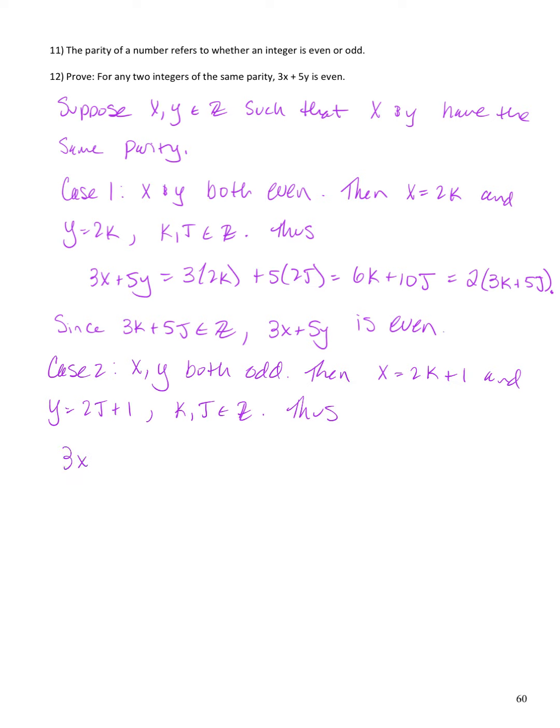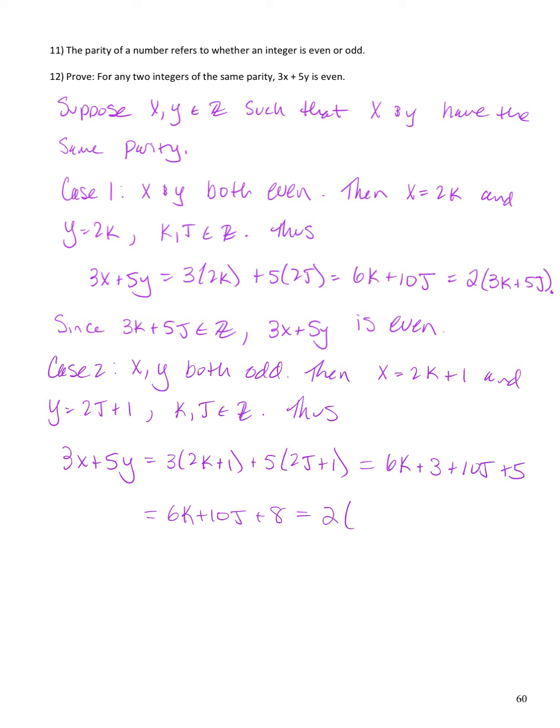Thus, 3x plus 5y would be 3 times (2k plus 1) plus 5 times (2j plus 1), which is 6k plus 3 plus 10j plus 5, which is 6k plus 10j plus 8, which is 2 times (3k plus 5j plus 4).